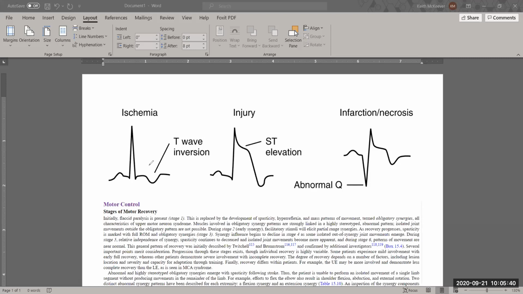So let me also get up a normal ECG so that we can have that as well. So let me grab one of those. Where's my snippet tool? There's my snippet tool.